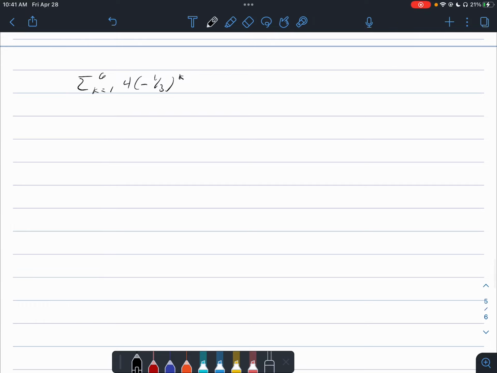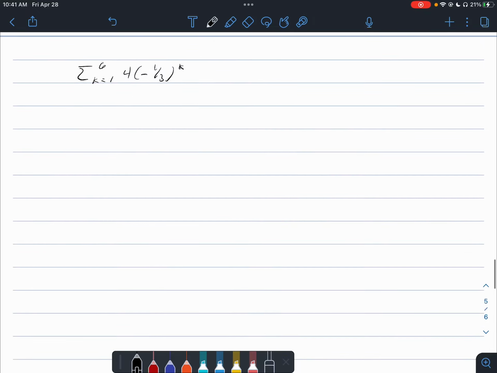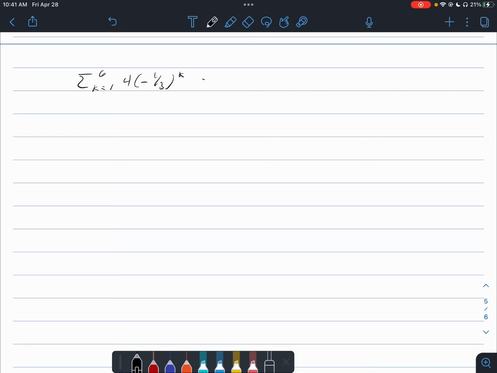If we write this out, it's basically saying we have 4 times negative 1/3 to the first power plus 4 times negative 1/3 squared plus dot dot dot plus 4 times negative 1/3 to the sixth. So this is shorthand notation for this whole sum here.